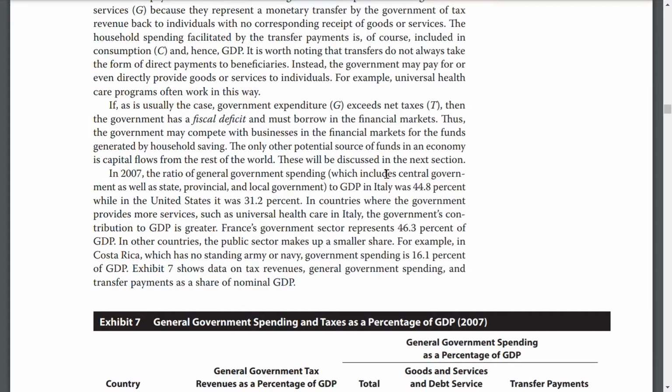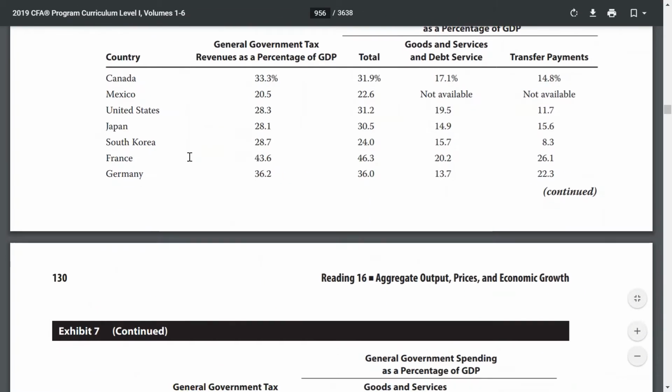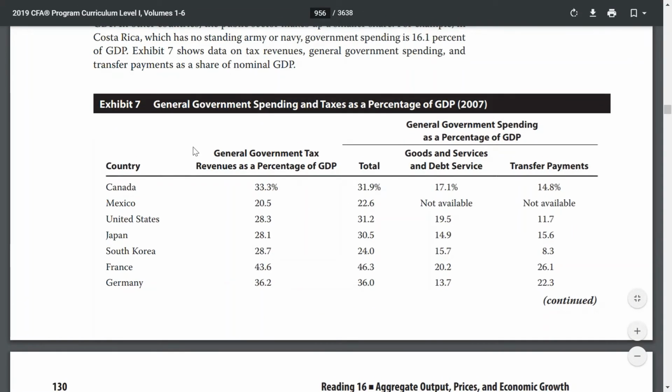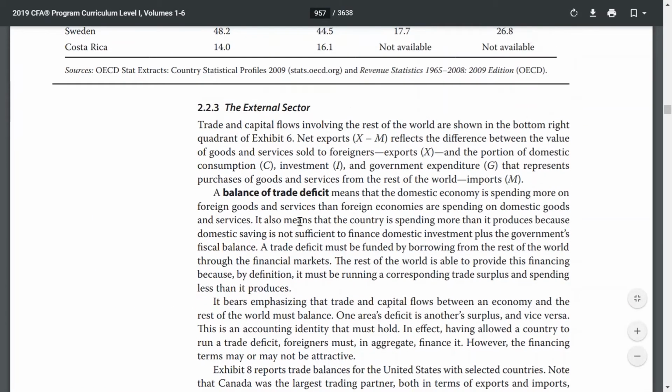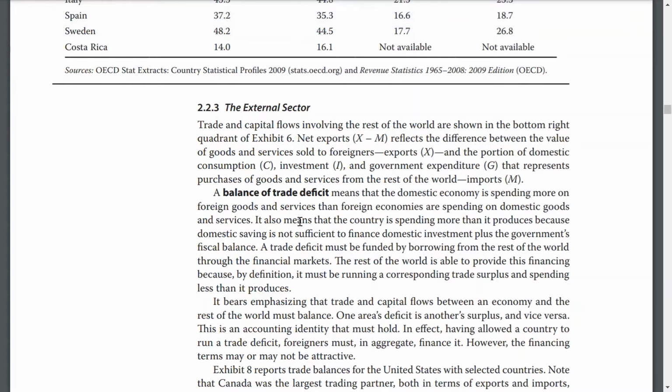Exhibit 7 shows the data on tax revenue, general government spending, and transfer payments as a share of nominal GDP. The external sector, trade and capital flows involving the rest of the world, is shown at the bottom right of the quadrant in Exhibit 6.